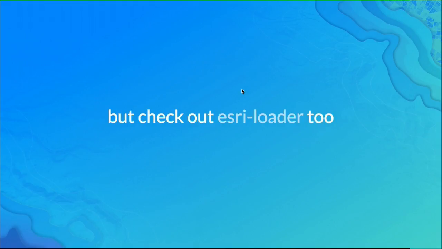Whether you're using TypeScript or Webpack or not, there's a lot less idiosyncrasy in getting the JavaScript API to play nicely, and tools like Esri Loader allow you to integrate with frameworks like Ember, which have had a lot of opinions that clash with the opinions of the JavaScript API. So we're in a better position than we've ever been to ship apps with the JavaScript API that are small, lightweight, and use modern tools.